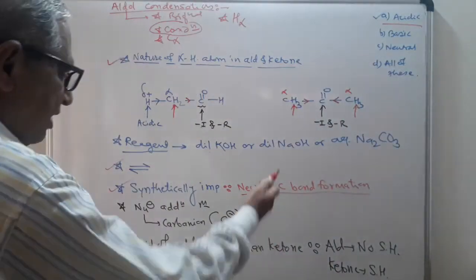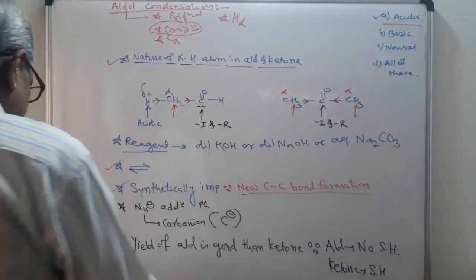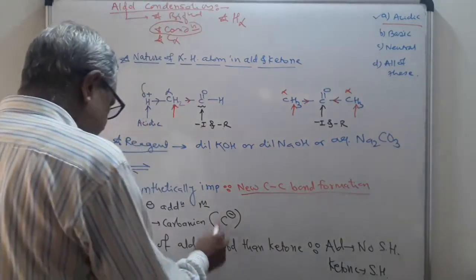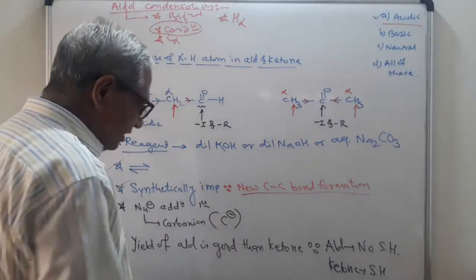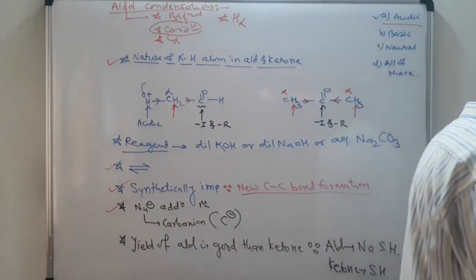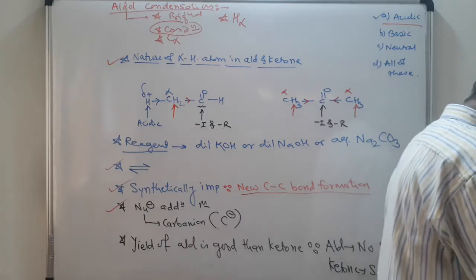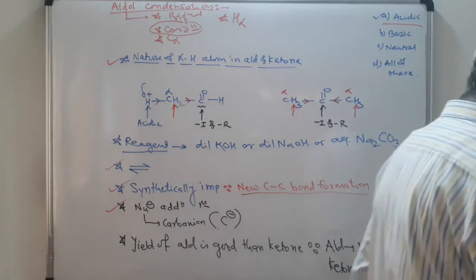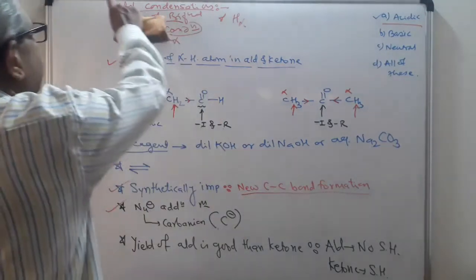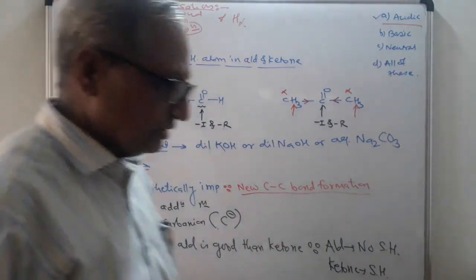I will explain when I take the particular example. Type of reaction, it is a nucleophilic addition reaction. The nucleophile is a carbanion. The yield of aldehyde is better than ketone, because in aldehyde there is no steric hindrance. So we completed all the probable questions only on the title aldol condensation.